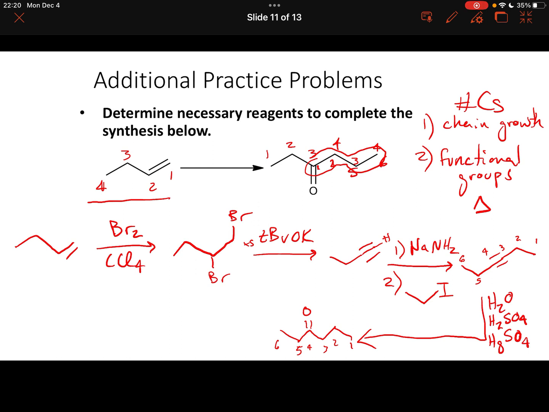I know that was not numbering correctly for IUPAC, but we could do the addition on this carbon that I just put the arrow on, and that would create eventually the ketone functional group.